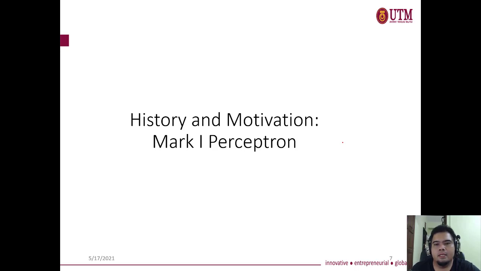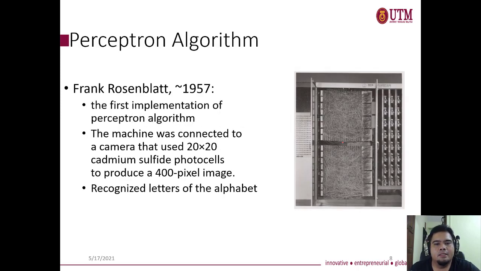One of the earlier trials to develop a computer that managed to make a decision introduced an algorithm called the Perceptron algorithm. This is the old one, and this picture just shows that this is a big computer that is able to learn and recognize the letters of the alphabet.